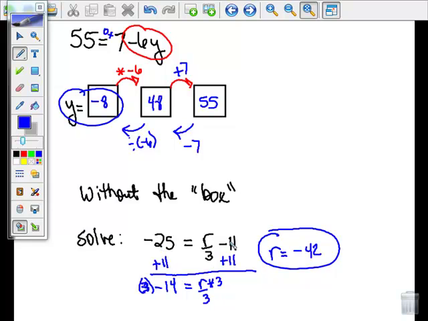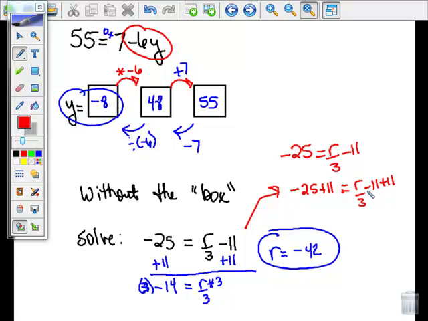And I do expect you to show me your work. You can either show it to me vertically, which is the way that I believe you were probably taught how to show it, or some people, especially if you are transferring from a different school, were shown the horizontal way. And let me just show this off to the side. If I had negative 25 equals r divided by 3 minus 11, some people start out like this. Negative 25 plus 11 equals r over 3 minus 11 plus 11.